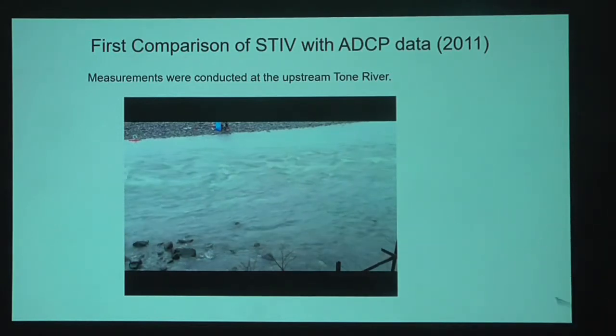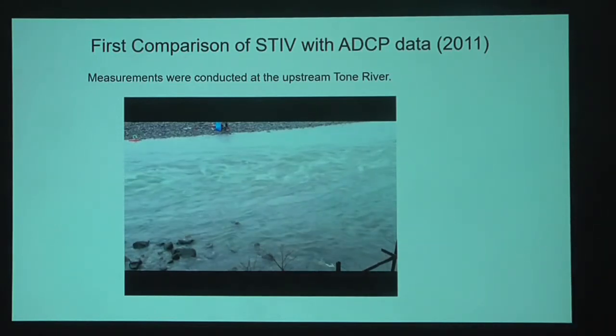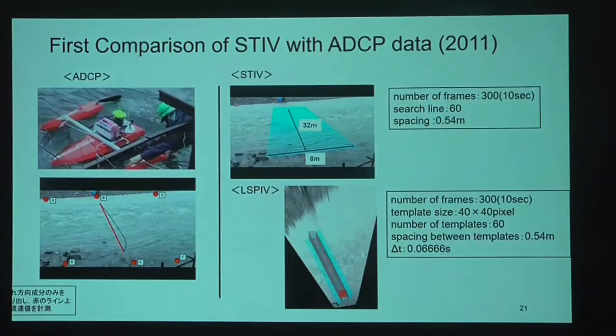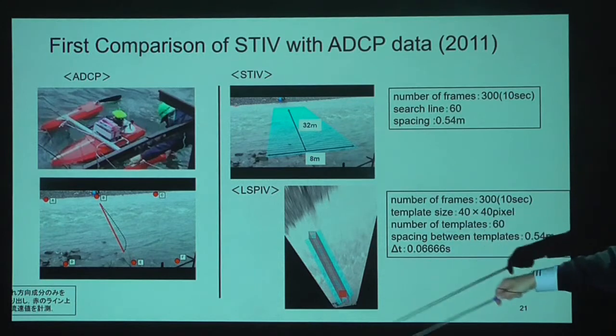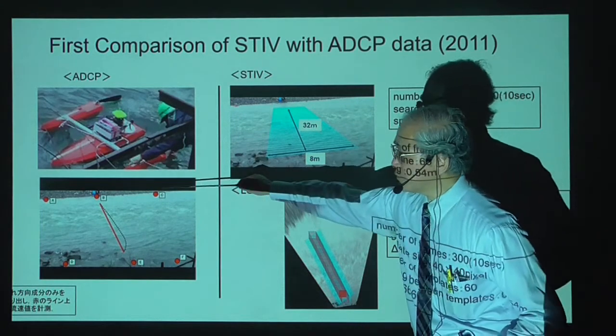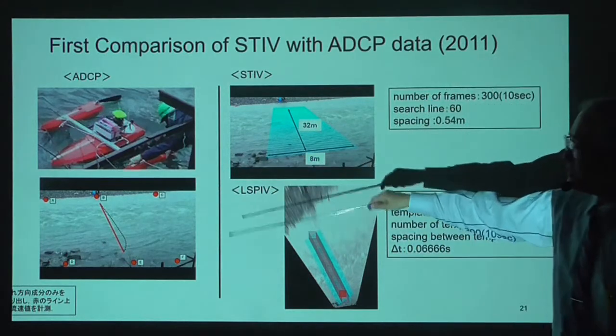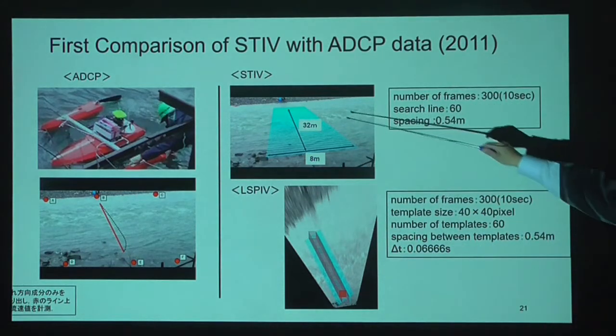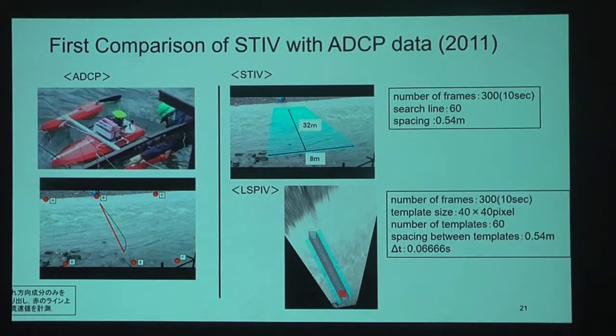This is the first one. Like this. At that time, we used ADCP and STIV, and we measured the velocity distribution in the transverse direction like this, and we applied STIV and LSPIV.